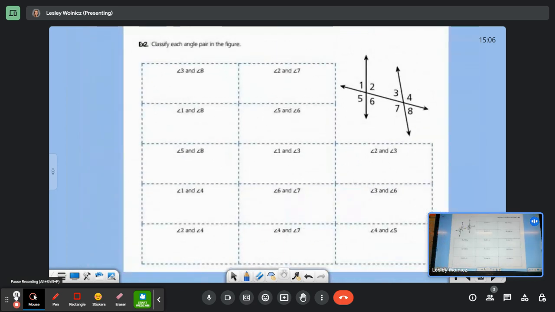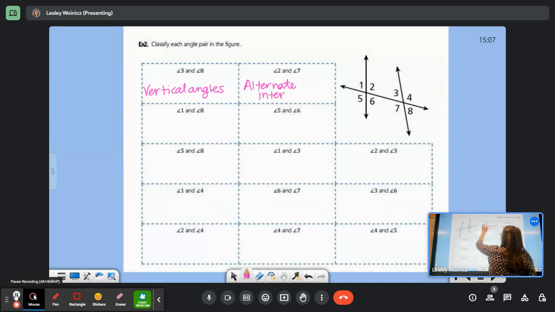Classify each angle pair. All right, what about angles 3 and 8? What are they? Vertical. Good. Okay, 2 and 7? Alternate interior. Good. Okay, 1 and 8.